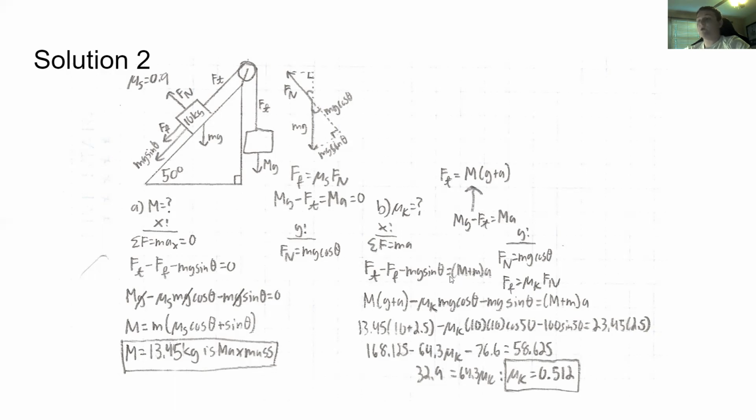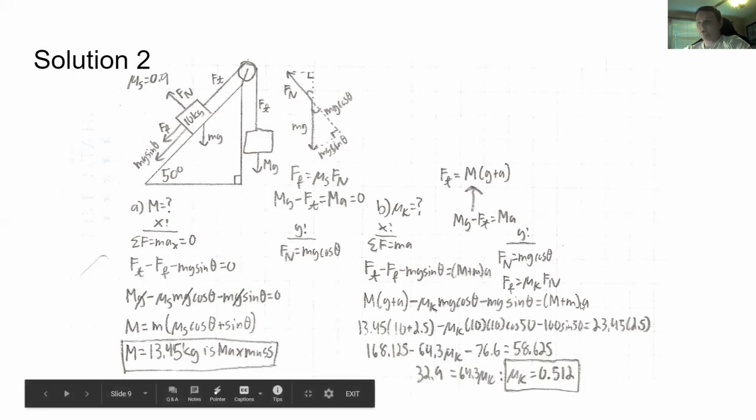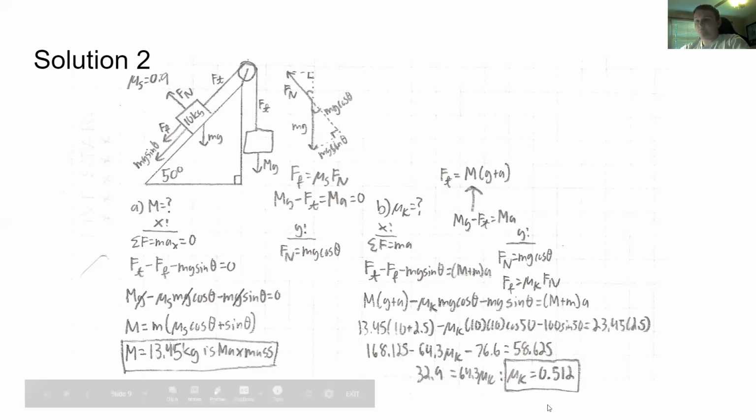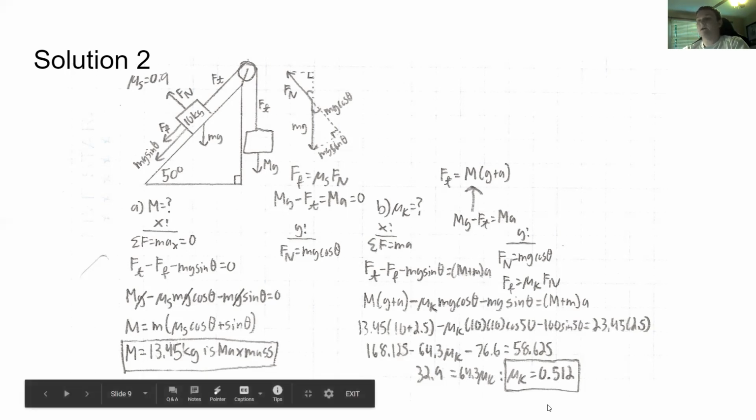Then it's going to equal the quantity big M plus little m times a, because they're both moving. And so we get this beautiful equation here. Then I plug in the values, simplify a little bit, and isolate mu kinetic, and our mu kinetic is 0.512. It's a big change, but it's not as big as 0.4 because it's a lot lesser mass.